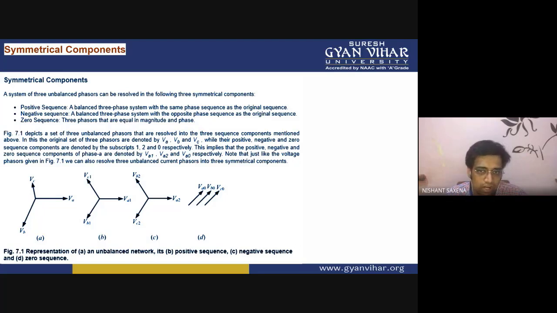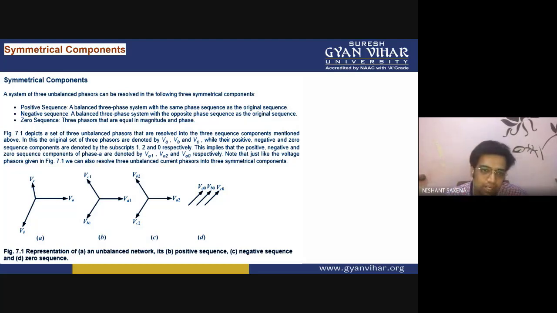For an unbalanced system, it is very difficult to identify the parameters or perform the various analyses. But with the use of symmetrical components, we can convert an unbalanced system into a balanced system. There are three types of symmetrical components which have been introduced to convert the unbalanced system into a balanced system.